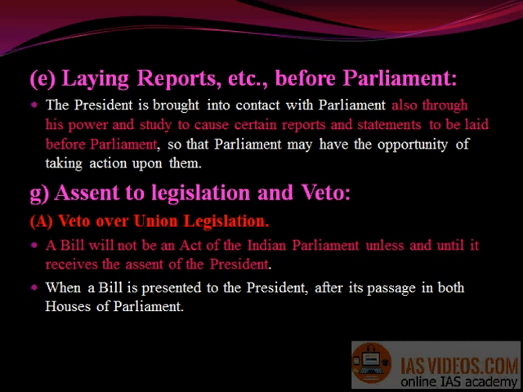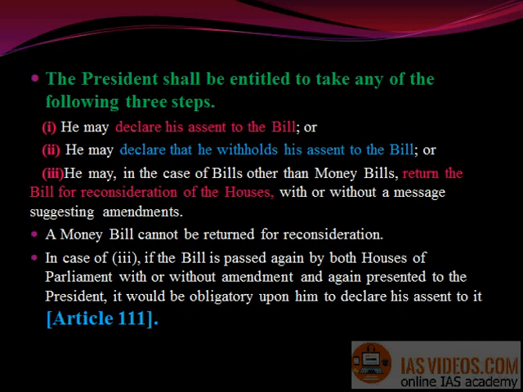Veto over Union legislation. A bill will not be an Act of the Indian Parliament unless and until it receives the assent of the President. When a bill is presented to the President after its passage in both Houses of Parliament, the President shall be entitled to take any of the following 3 steps.